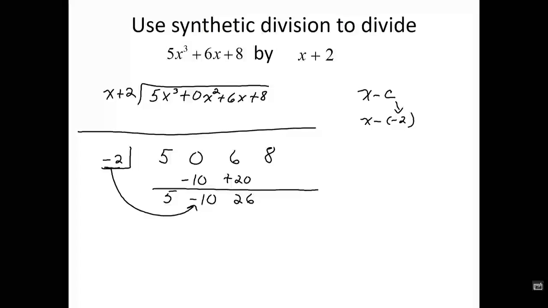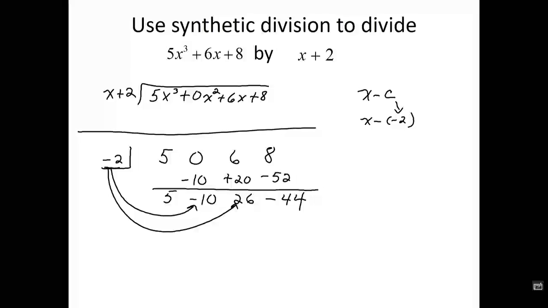Now a negative 2 times 26 is a negative 52. And now we add. A negative 52 plus 8 is a negative 44.